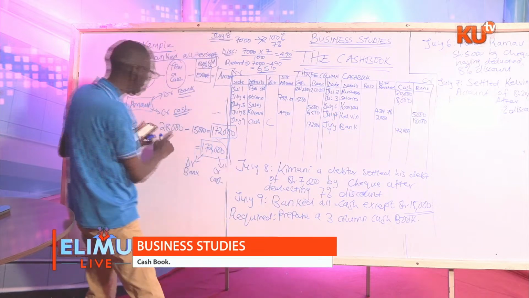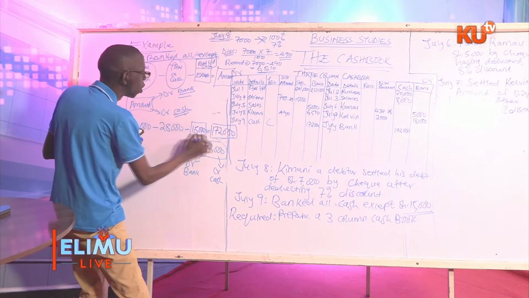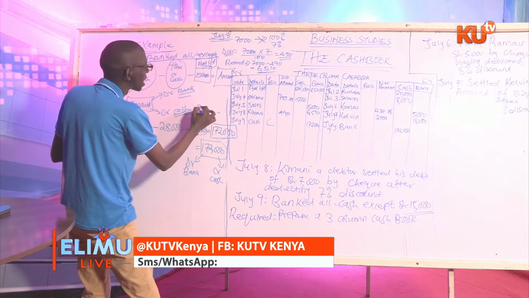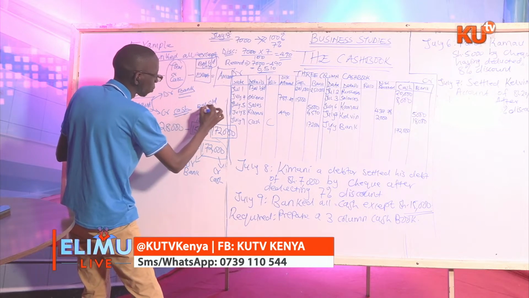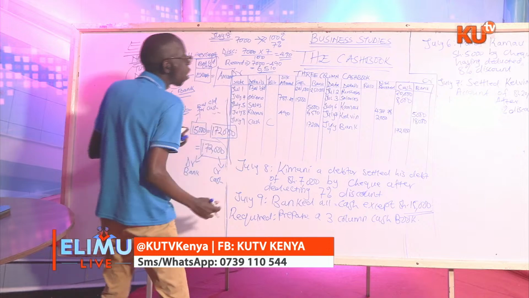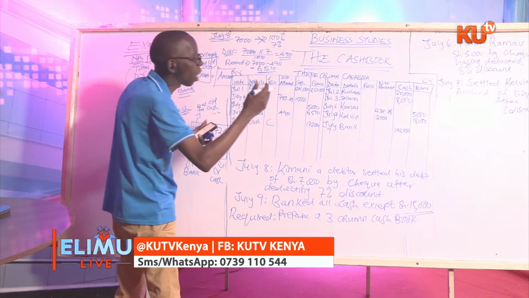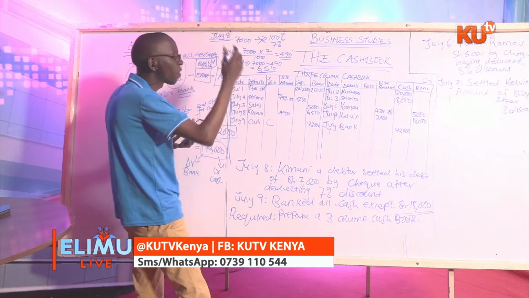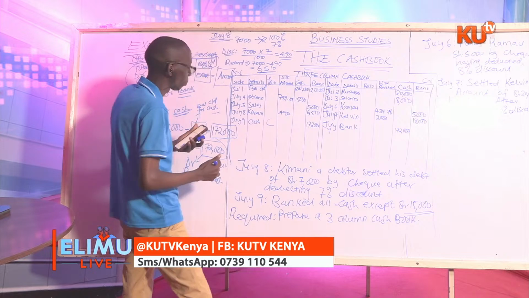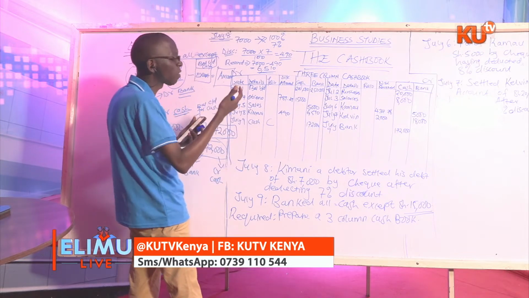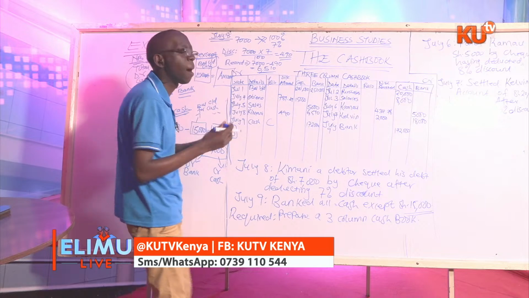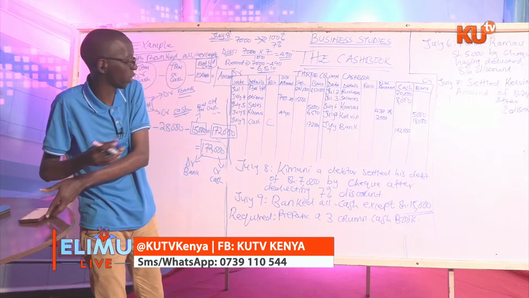Then the excepted amount, the 15,000, we said we also treat it as balance carried down for cash. On the debit side, we have the balances for both bank and cash transactions.